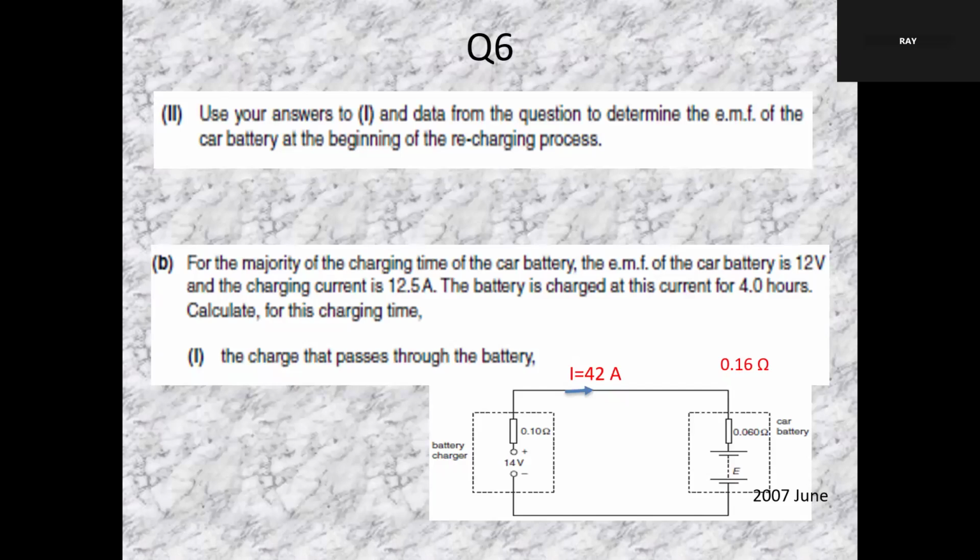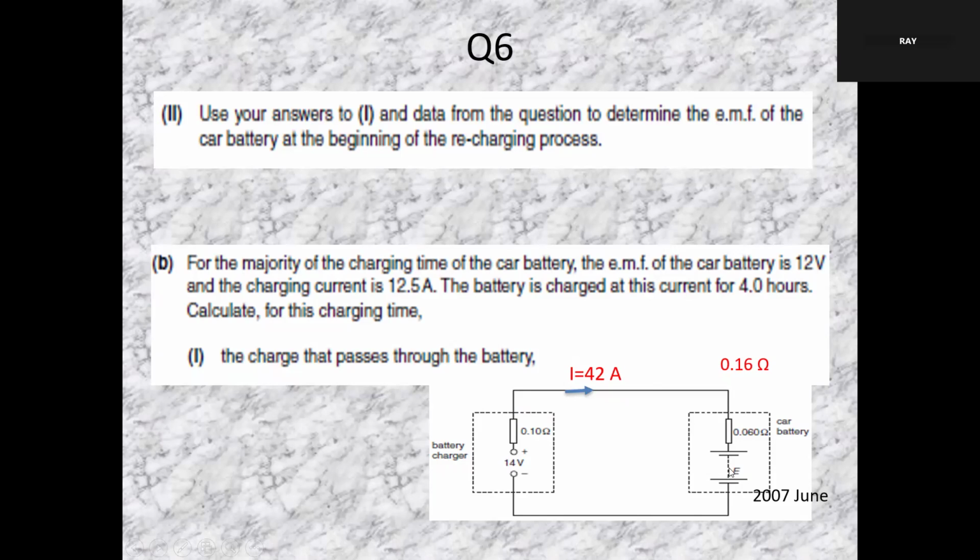Use your answer in the previous part and data from the question to determine the EMF of the car battery at the beginning of the recharging process. There's a picture. What is given? How to calculate the EMF E?